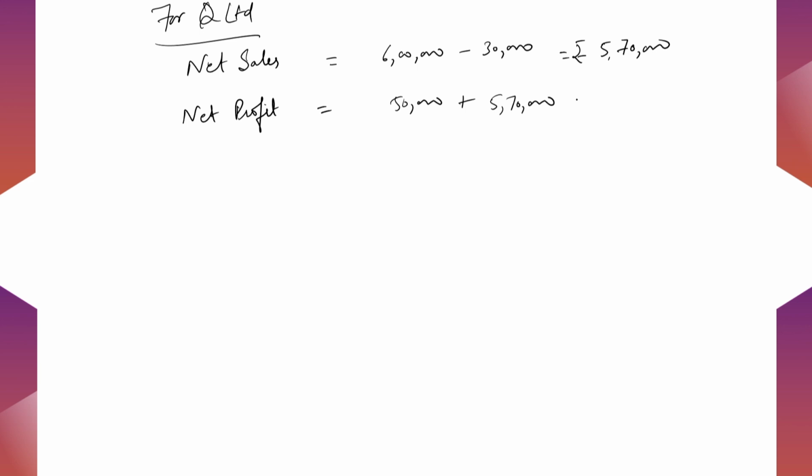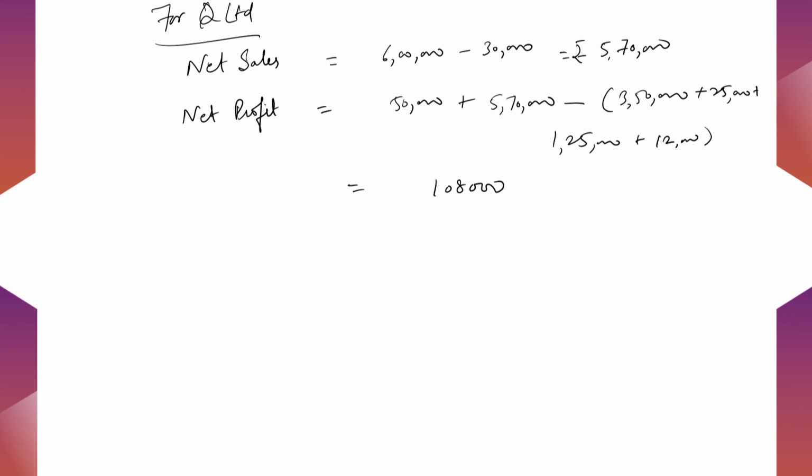Out of that we deduct the expenses provided: 3 lakh 50,000, 25,000, 1 lakh 25,000 and 12,000. So we got the figure of 1 lakh 8,000 as our net profit.